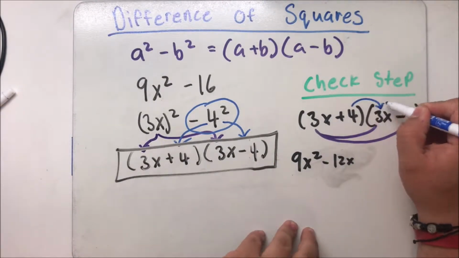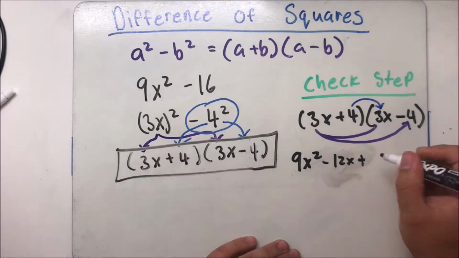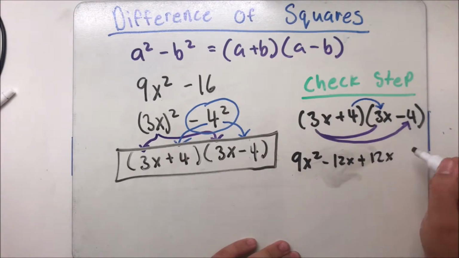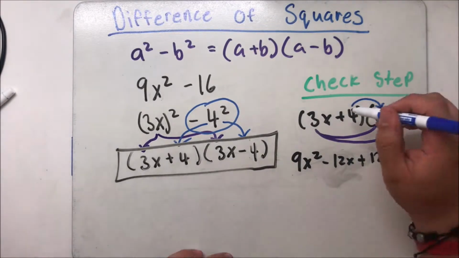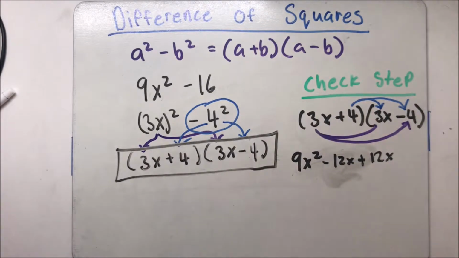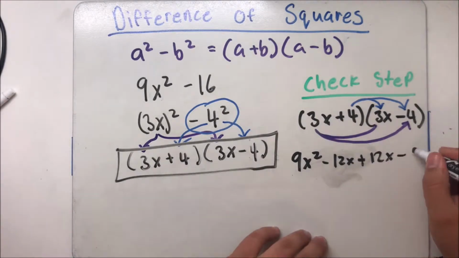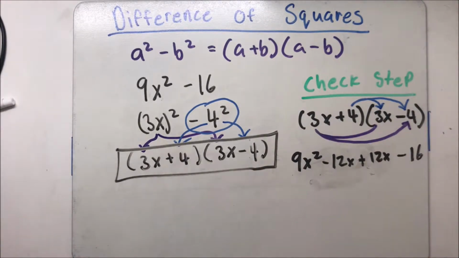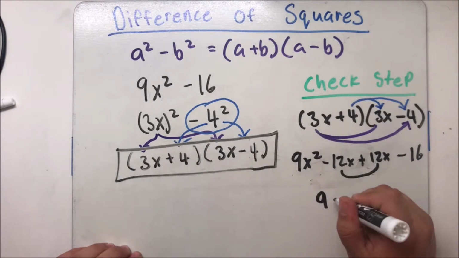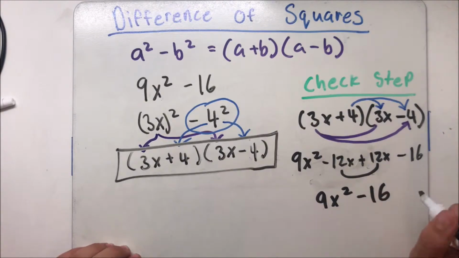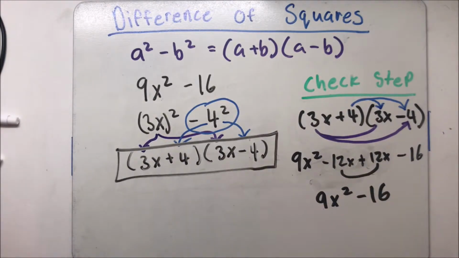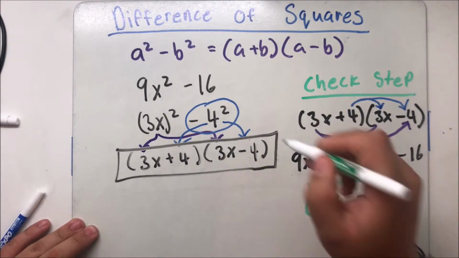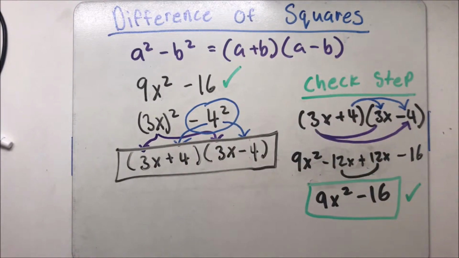And we're going to do the same thing with 4 times 3x, and then 4 times negative 4. After combining like terms, your answer should be the question we originally had. If you get this, you know that we did it right.